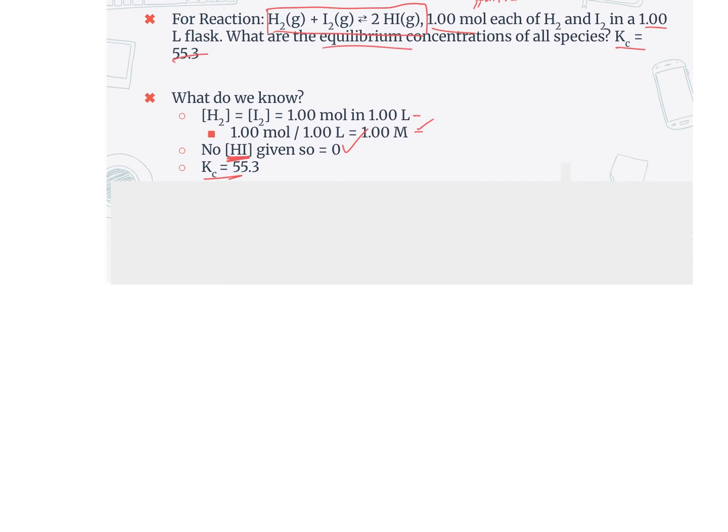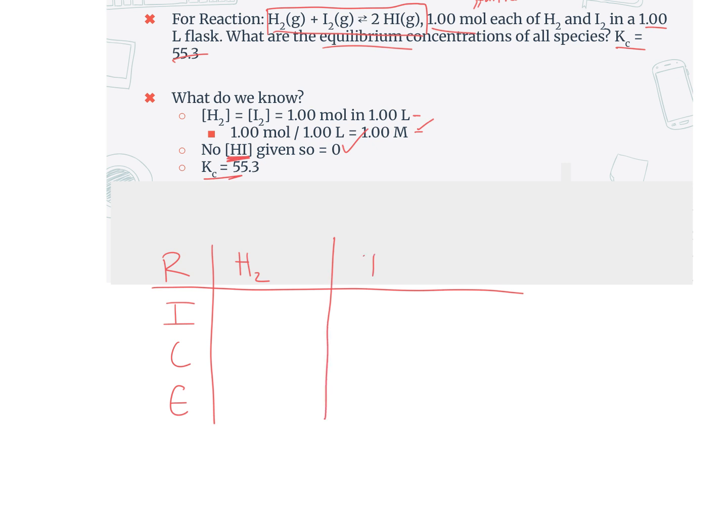So if we're going to write this out, essentially, we should write this as our table. And I'm actually going to scoot this down so we have a little bit more space. But we have R, which is reaction, I is initial, C is change, and E is equilibrium. And so for our reaction, that quite simply is H2. We'll have a column for H2, plus I2.